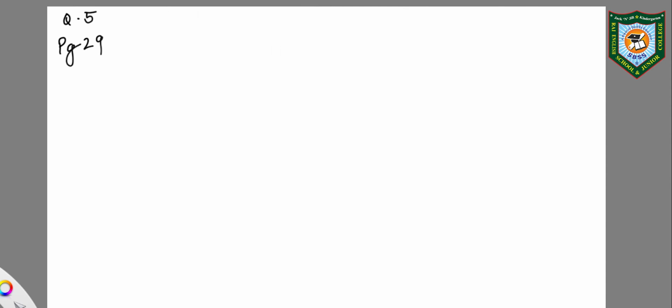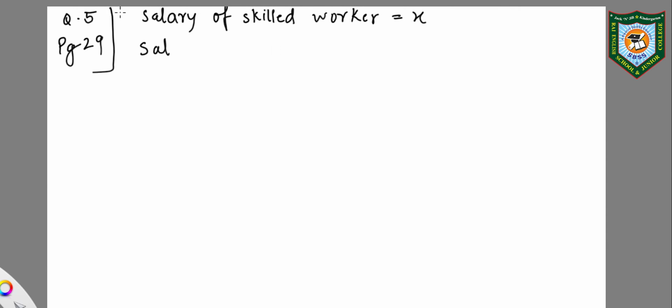I have the ratio of salary of skilled and unskilled workers as 5:3. So I'll say salary of skilled worker is X and salary of unskilled worker is equal to Y. Now pay attention, I am saying here skilled worker.